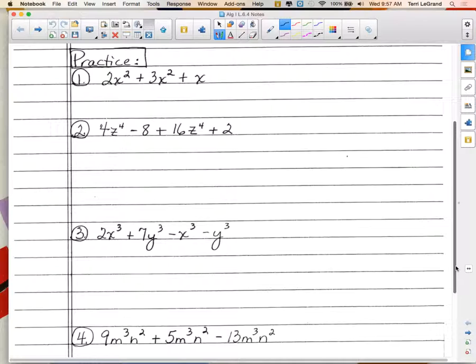And then what did I say yesterday? This is not in your notes unless you wrote it. I said you can only write a polynomial in standard form if... yes, that didn't stick.